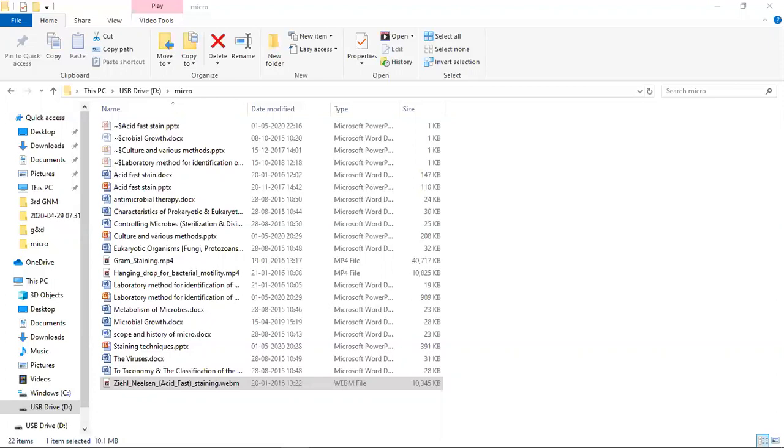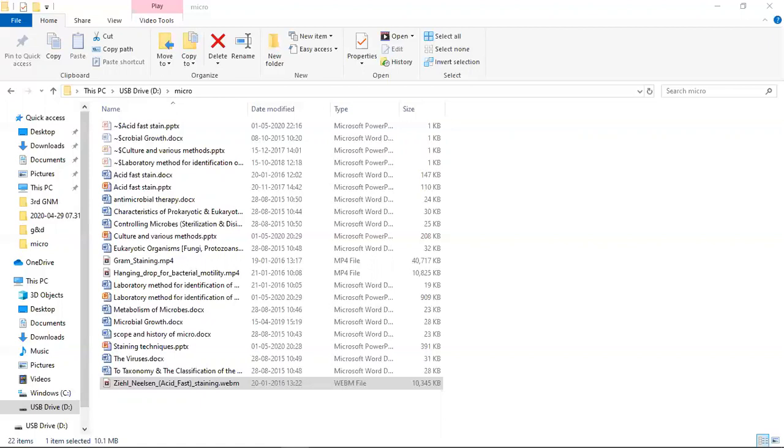So only three: primary stain, decolorizer and counterstain. Here you can use either a spirit lamp or a Bunsen burner, and we have the decolorizer, carbol fuchsin and methylene blue, plus a clean slide on which fixation has already been done.